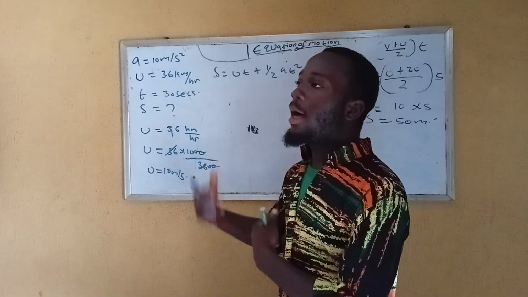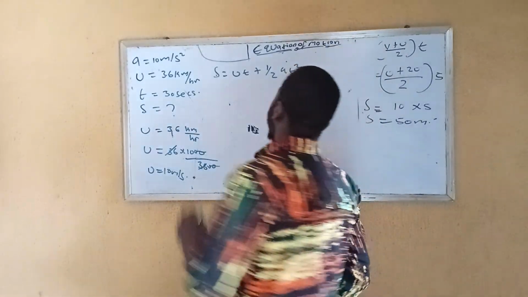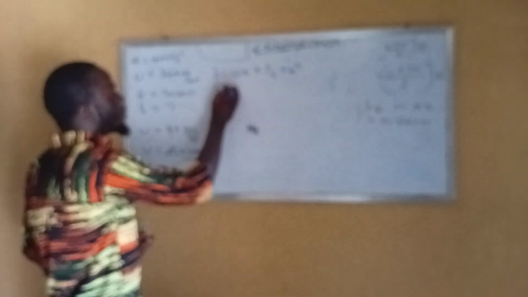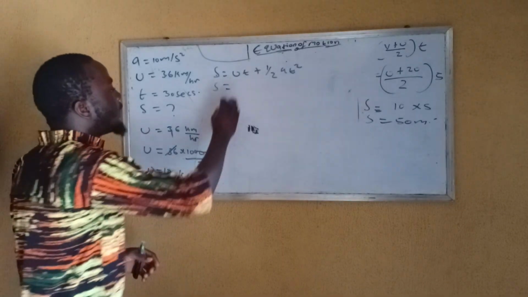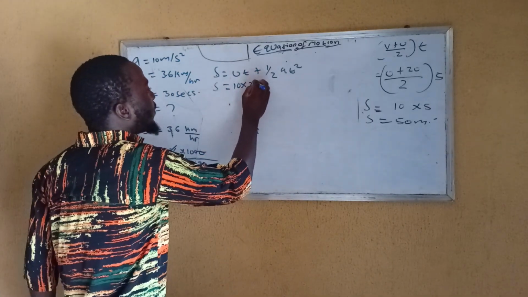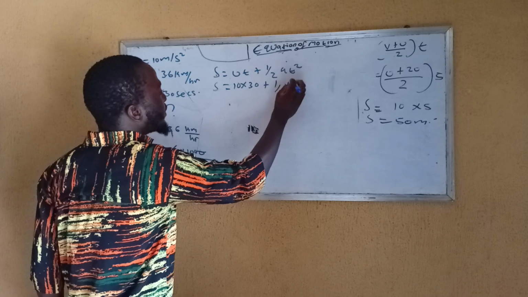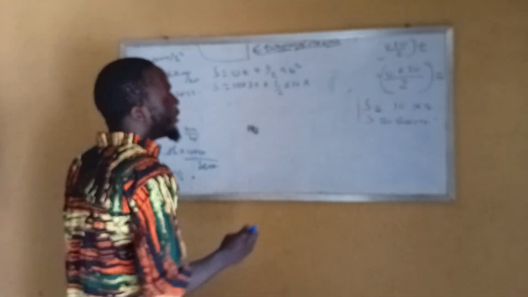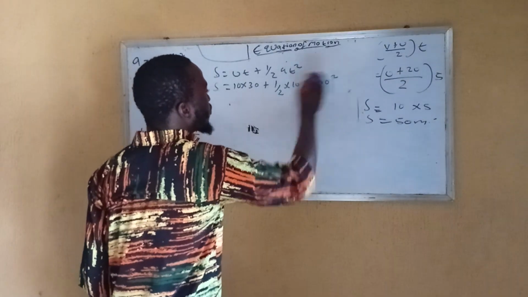But when we have V, I usually take that shortcut. S is equal to UT plus 1 over 2 AT squared. So what's my U? 10 times, what's my T? 30, plus 1 over 2 times 10 times 30 squared.